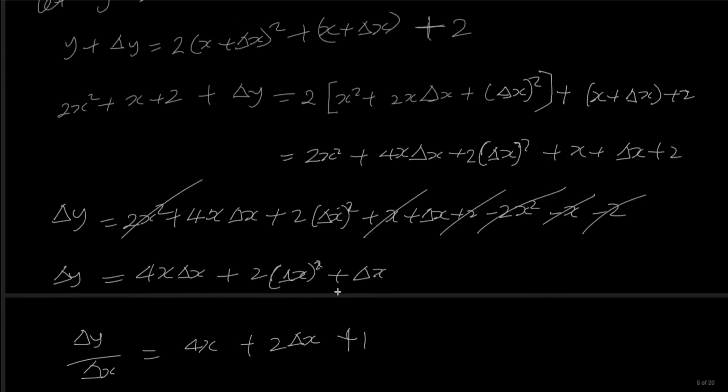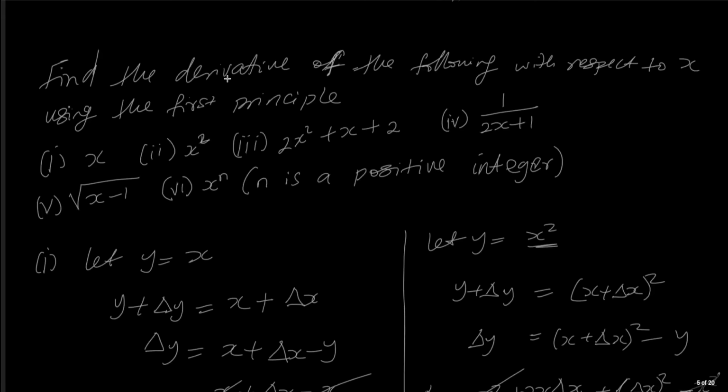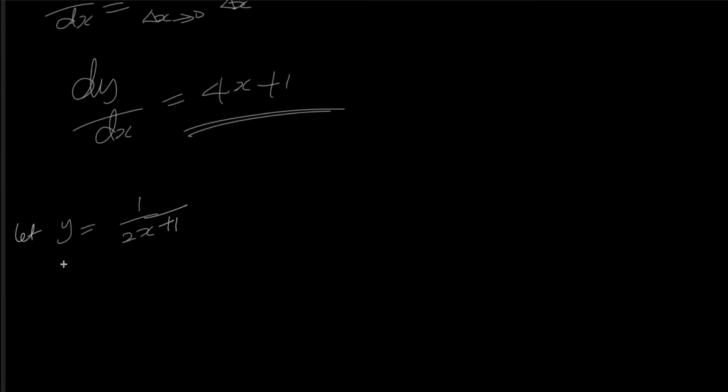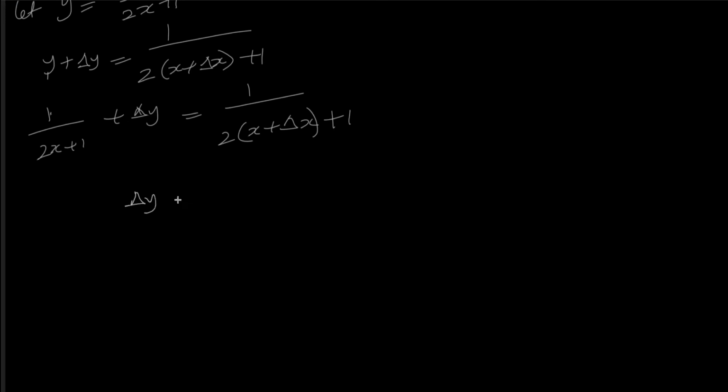Okay, now let's go for the fourth one, which is this. Let me solve it. Just follow me. I believe you know it now. Just follow me as I solve it. I believe you should be able to do this now. 1 over 2x plus 1. Okay, so let y be this. We substitute this for y. So delta y therefore equals 1 over 2x plus 2 delta x plus 1 minus 1 over 2x plus 1.